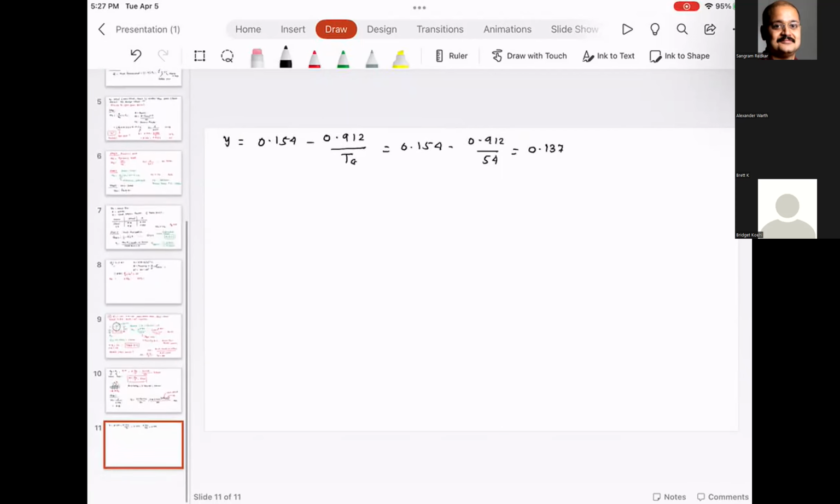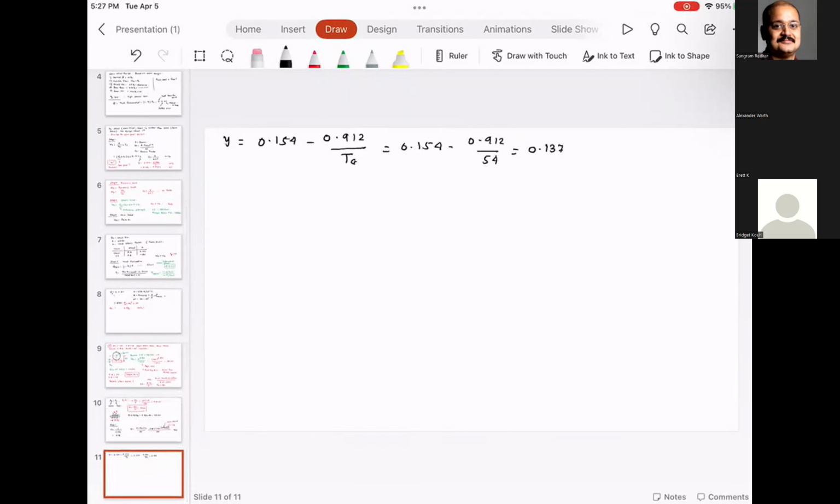Then, since we are going to use phosphor bronze, sigma O is equal to 84 Newton per millimeter square.